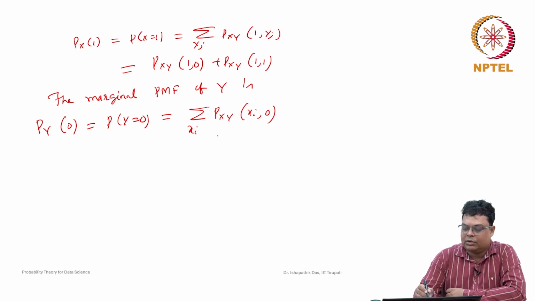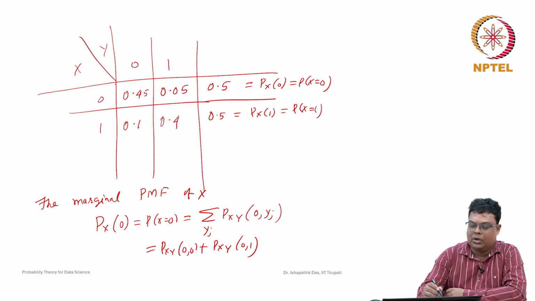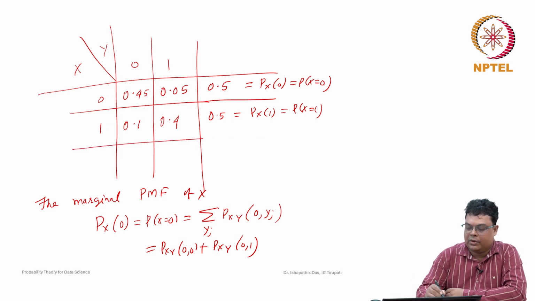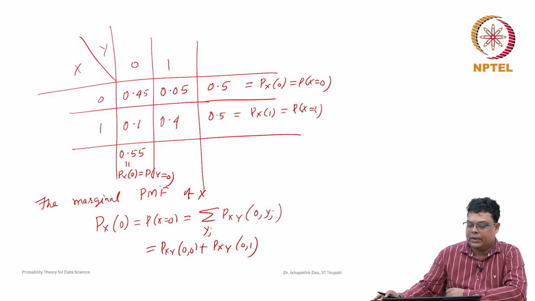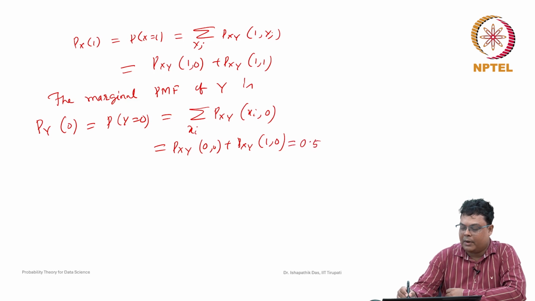So this is p_XY of (0,0) plus p_XY of (1,0). If you take this sum, it is 0.55. So this is p_Y of 0, the probability that Y is equal to 0. This is the marginal probability mass function.